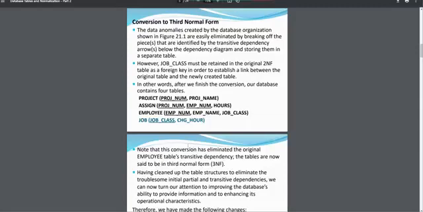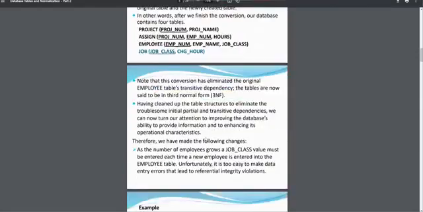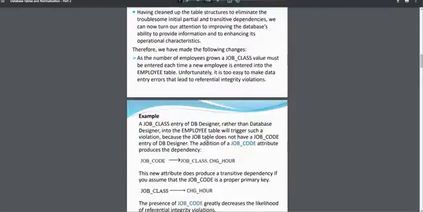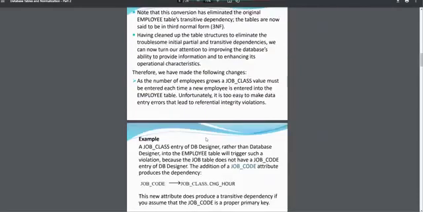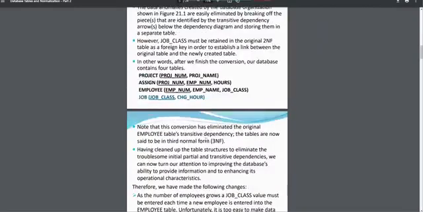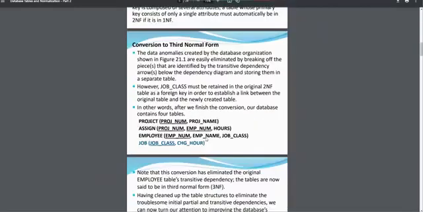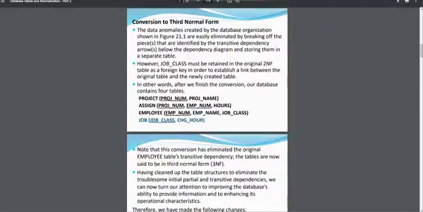Then here, how you can remove transitive dependencies. We mentioned that when something is considered to be converted into third normal form, it should be in second normal form.